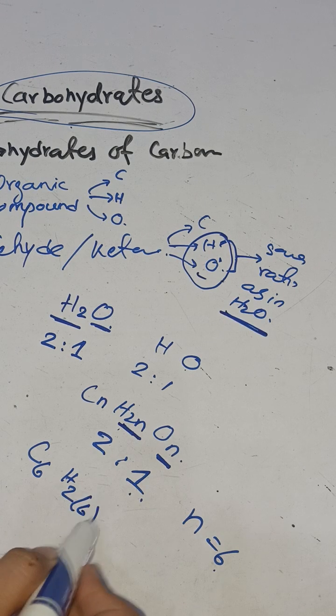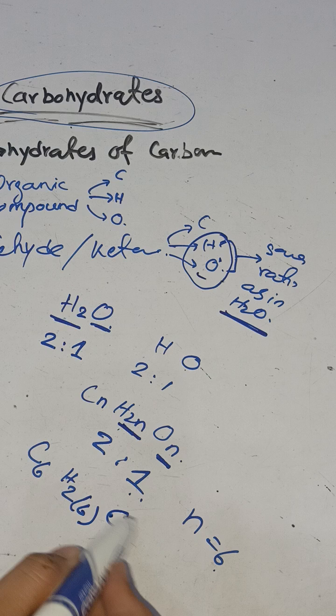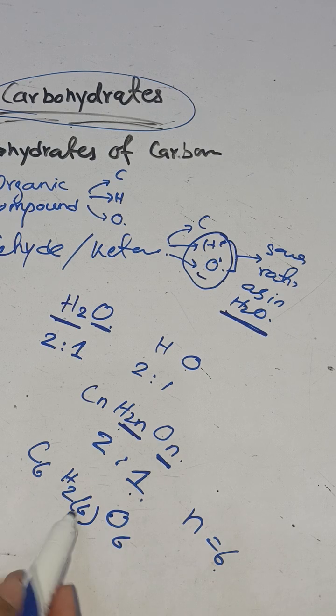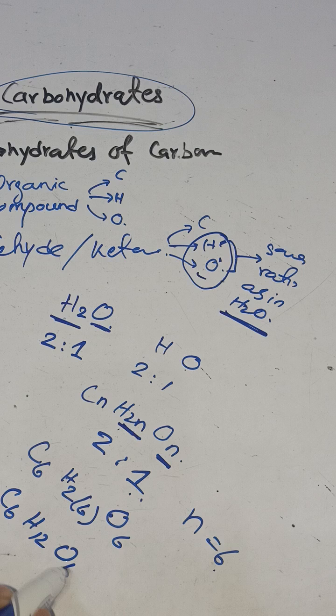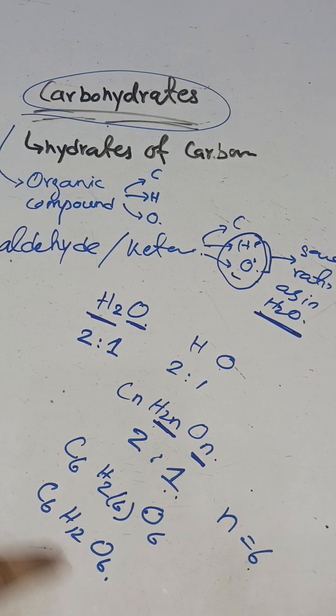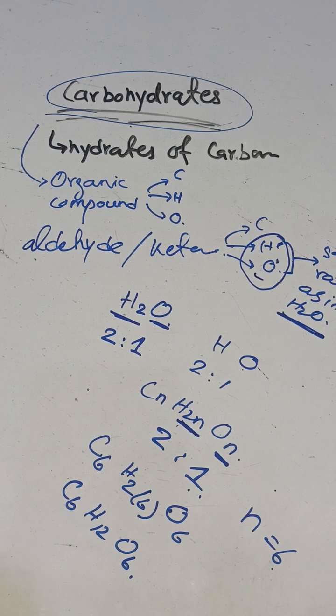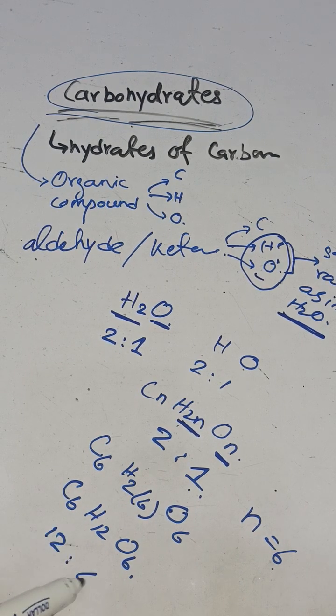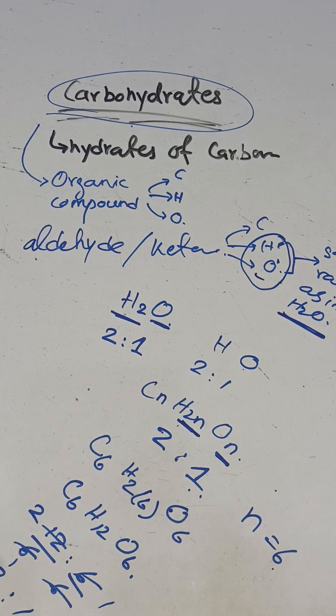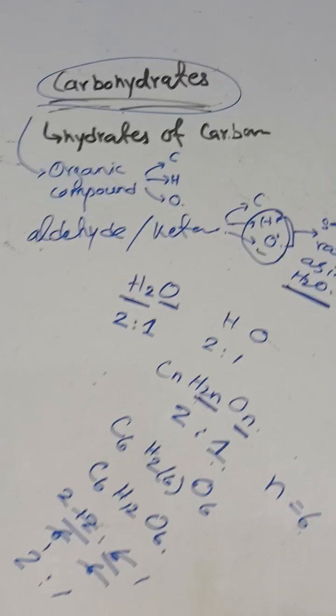So 2 times 6 is 12, and oxygen is n, which is 6, so this is C6H12O6. This is glucose, a simple sugar. So its ratio is 2:1. If we see the ratio 12:6 and divide both sides by 6, 6 becomes 1 and 12 becomes 2, so the ratio comes to 2:1.